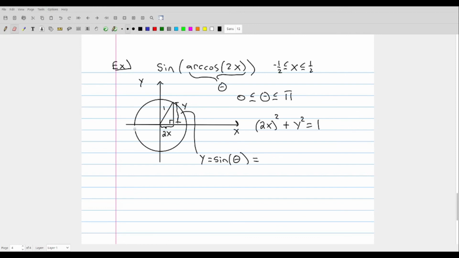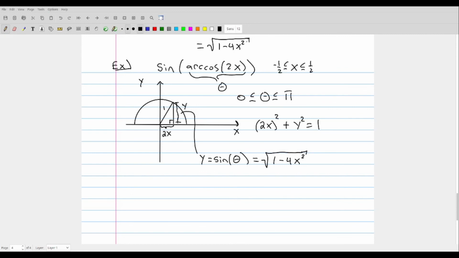We'll erase. If we solve this equation for y, we get that y is equal to the square root of 1 minus 4x squared. So this expression algebraically is the same thing as the square root of 1 minus 4x squared.